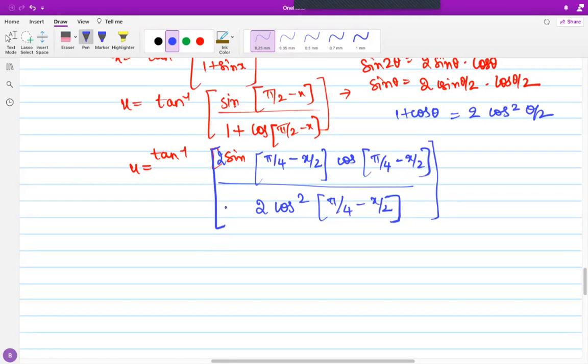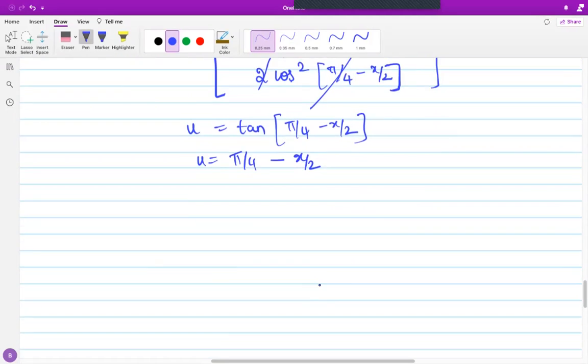So if you divide, one of the cos gets cancelled, 2 gets cancelled, sine by cos is going to be tan. So u is equal to pi by 4 minus x by 2.